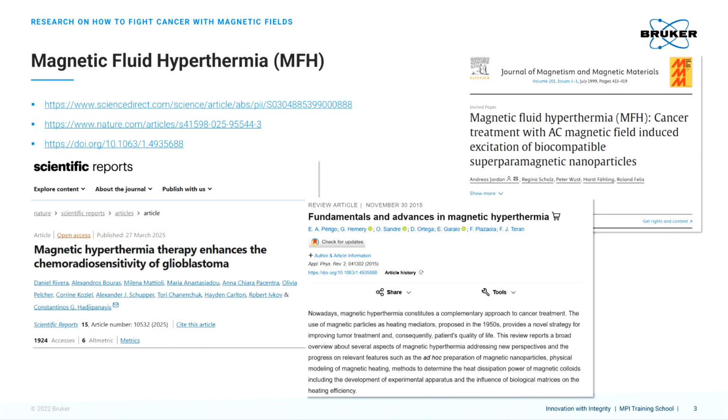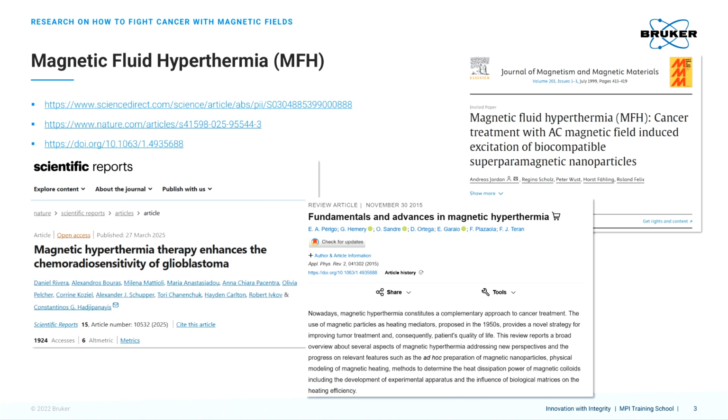Magnetic fluid hypothermia, or hypothermia itself, is nothing new. Hypothermia in itself has been used by the Greeks already for centuries in a systemic way. And magnetic fluid hypothermia traces back, I would say, according to this paper, at least to the 1950s.